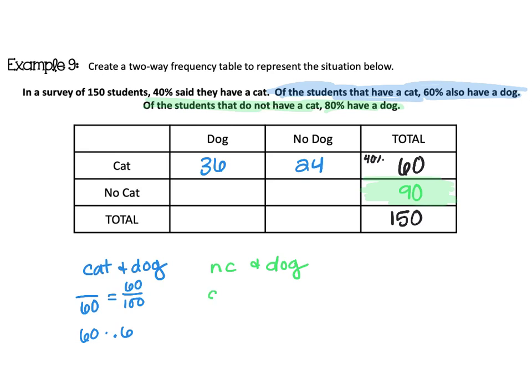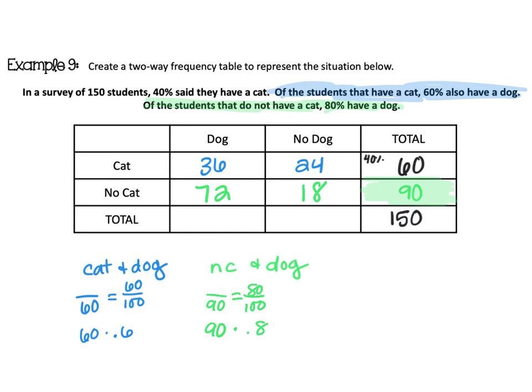So out of the 90 people, 80% of them have a dog, or 90 times 0.8. So 72 of them have no cat but do have a dog, which means that there are 18 people left that don't have a cat or a dog.